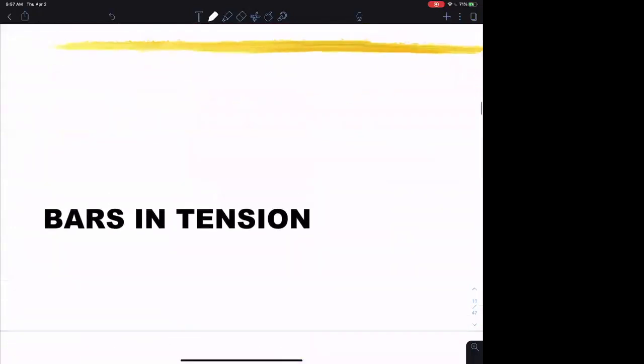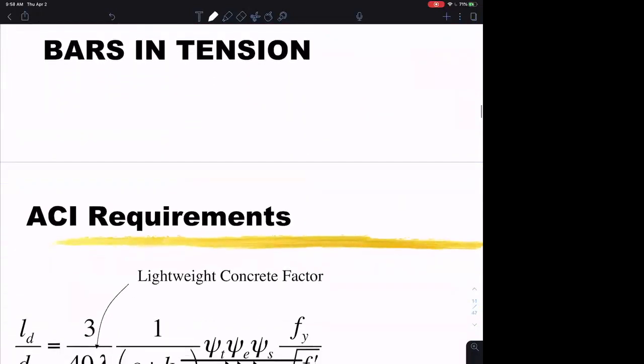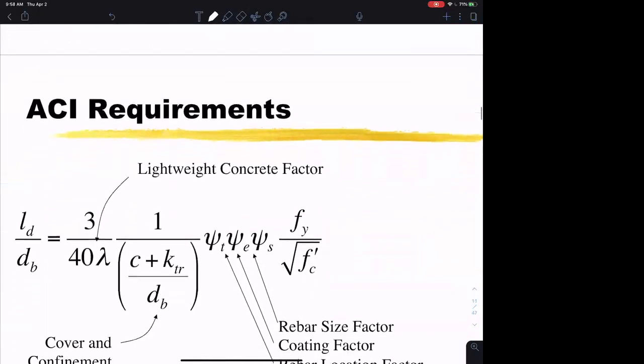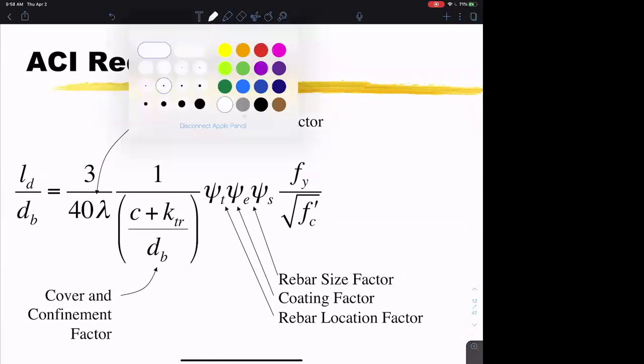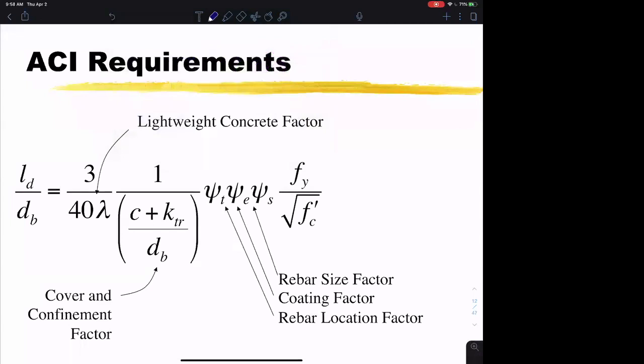Okay, so here we go, bars in tension. How do we figure out this development length? And we went over, quote unquote, the theory, and it's very complicated. And so once again, we have something phenomenological. Basically, it's an experiment. We had to do an experiment to figure it out. And this right here is our development length equation.